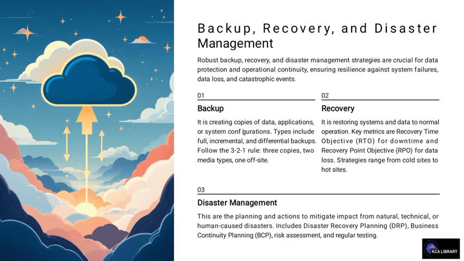And for recovery, it is restoring systems and data to normal operation. And key metrics are recovery time objective for downtime, and recovery point objective for data loss. And strategies range from cold site to hot site.